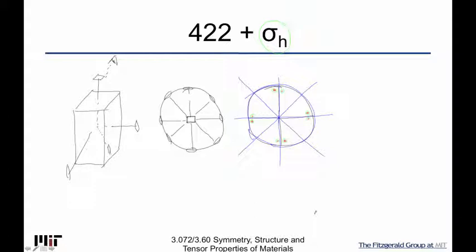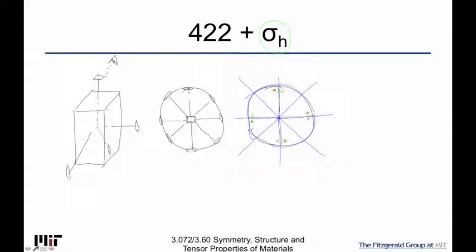Now, of course, we already learned that the fourfold axis has a subgroup of a twofold, and these are all twofolds, and they all have perpendicular mirror planes. So using our theorem, we know that there's going to be an inversion center in here, but in this particular case, it doesn't really matter because all the elements are related to each other without really needing to know that.